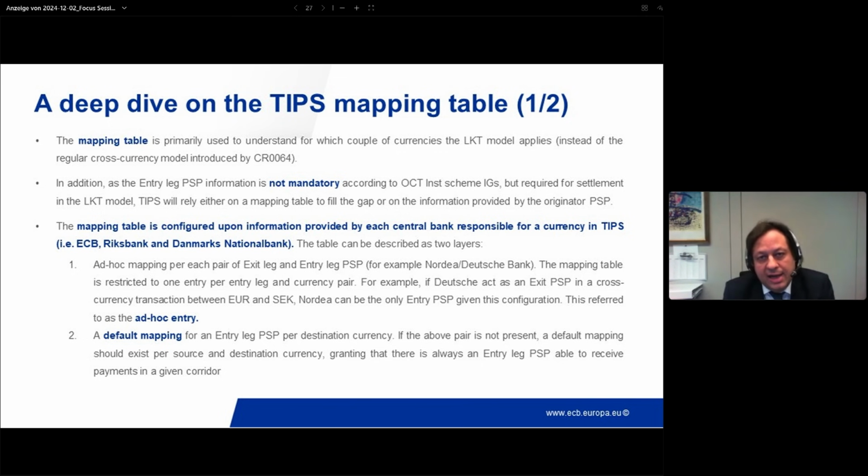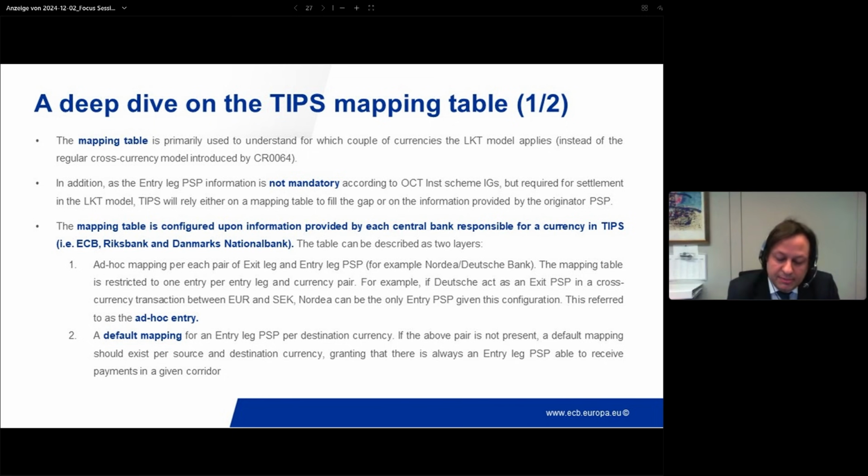When the enhanced link transaction model will enter into force, there should be a decision whether moving the corridors into this mapping table. Of course, all the TIPS hosted currencies will be the first candidates to be part of the mapping table. So for example, Euro versus DKK or DKK versus SEK will be captured in the mapping table. And that is what exactly I was referring to.